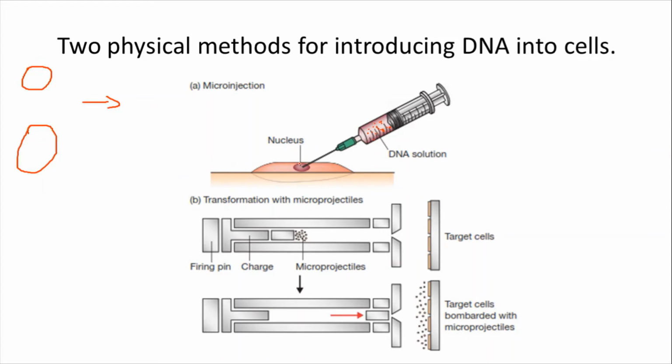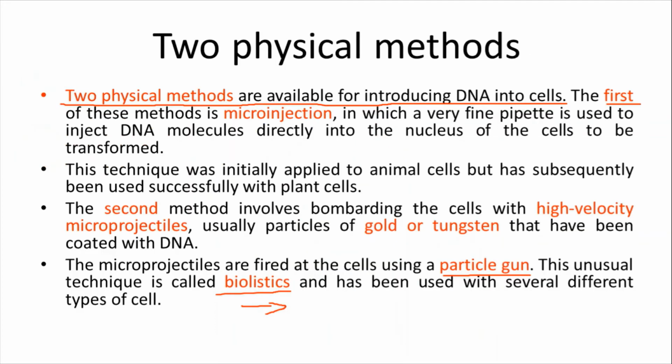The second method is biolistics or particle bombardment. It's a very interesting method. The method involves bombarding the cells. The host cells, the cells we want to transfer the gene into, are placed on a grid structure, a plate-like structure.